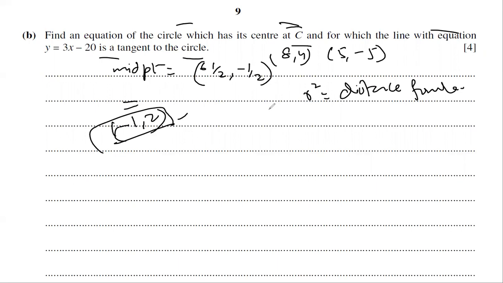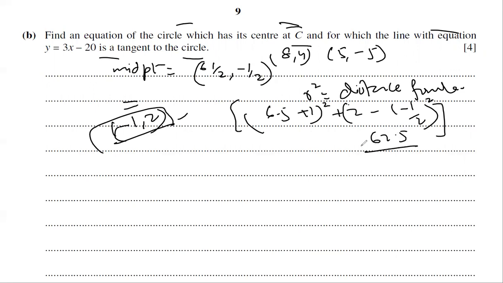So you would say, sir, 6.5 minus 1 whole square, plus 2 minus half, square. So we are getting a final value of 62.5.